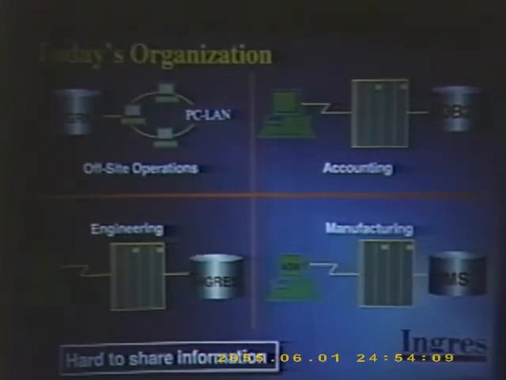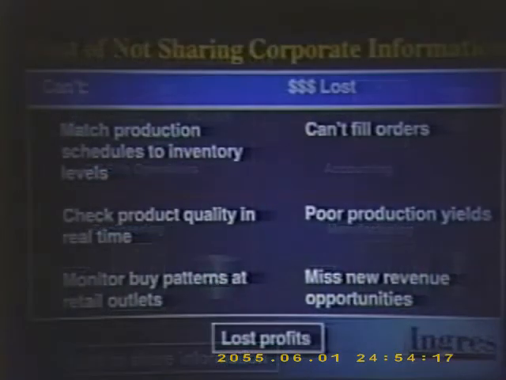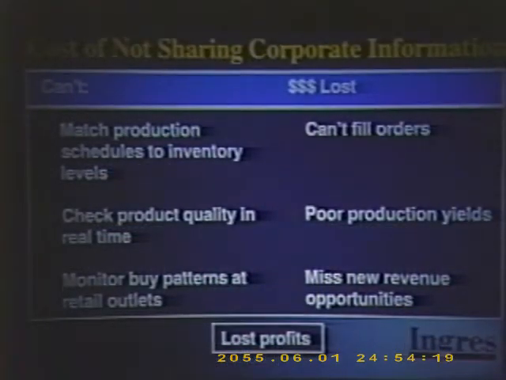This means that it's hard for users to get to and to share information. And the fact that it is hard to share information results in lost profit for organizations for the simple reason that users are unable to correlate information and correlate their task across different business units.